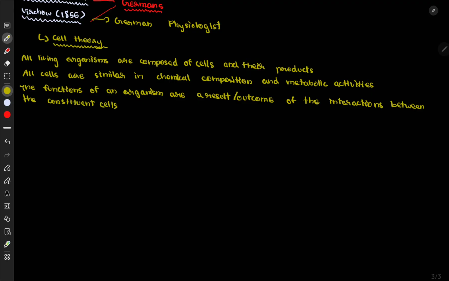So all living organisms are composed of cells and their products. All cells are similar in chemical composition and metabolic activity. The functions of an organism are a result slash outcome of the interaction between the constituent cells.